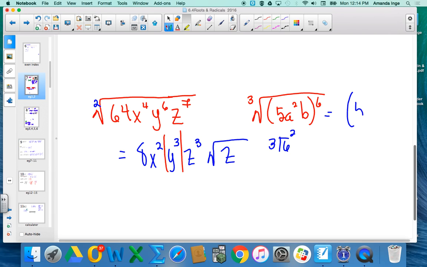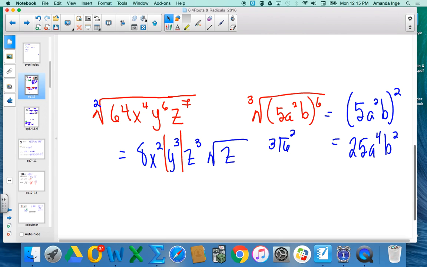So you get 5a squared b squared. And then if you want to raise these to the power and get 25a to the 4th, b to the 2nd, that's fine. But this is an acceptable answer. Everybody's still okay?